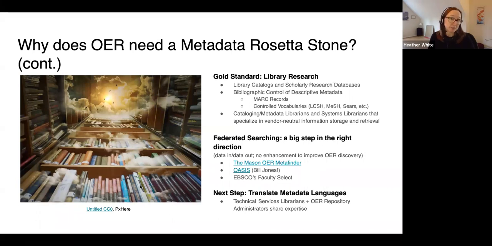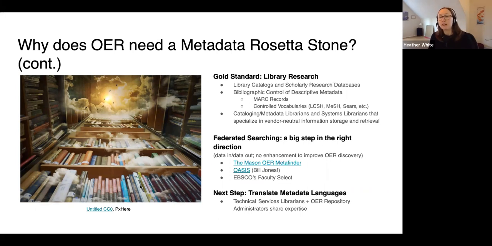And then there's also EBSCO's Faculty Select that does the same thing, and it also has the option of a PDA, or patron-driven ebook acquisitions model. The issue there is that it's just data in and data out. The metadata is not enhanced for discovery in these federated search engines yet.